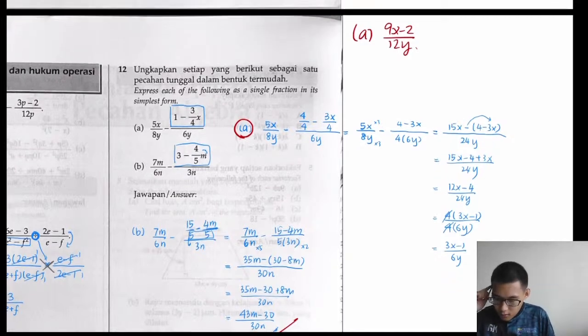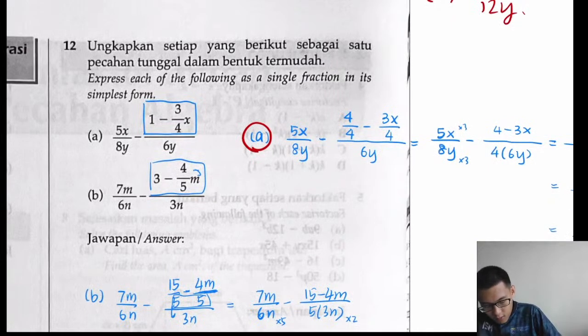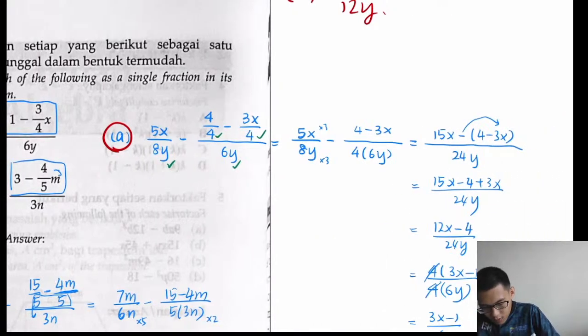So for this one, the answer given is (9x minus 2) over 12y. I don't know whether the answer is correct or not, so check again. So here we have 5x over 8y, yeah, correct. Minus, we know that this one we can change to 4 over 4, yeah. 3x over 4, yeah. Divided by 6y, yeah. So now we can try to form (4 minus 3x) over 4.